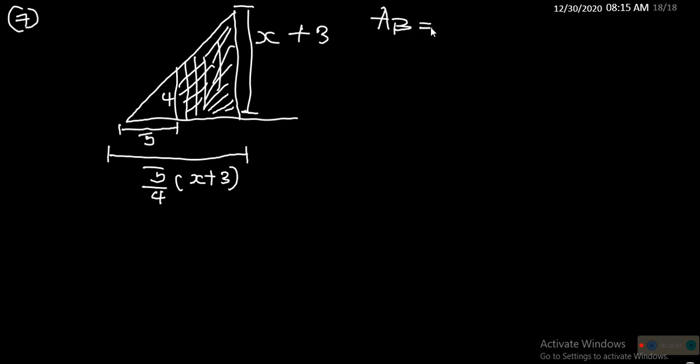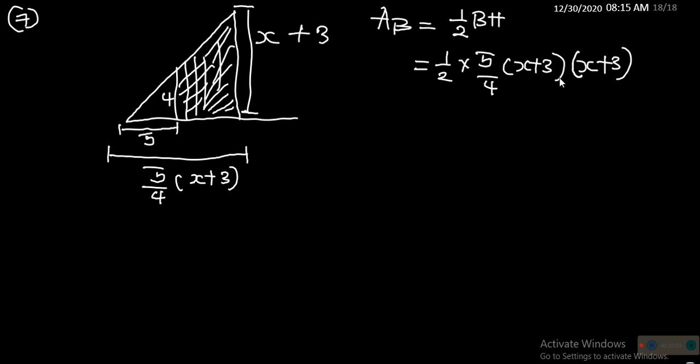So AB for this one, the area of the bigger triangle, is half base times height. The base of the bigger triangle, of course, we know it is 5/4 into (x plus 3) times the height, which is x plus 3 as well.